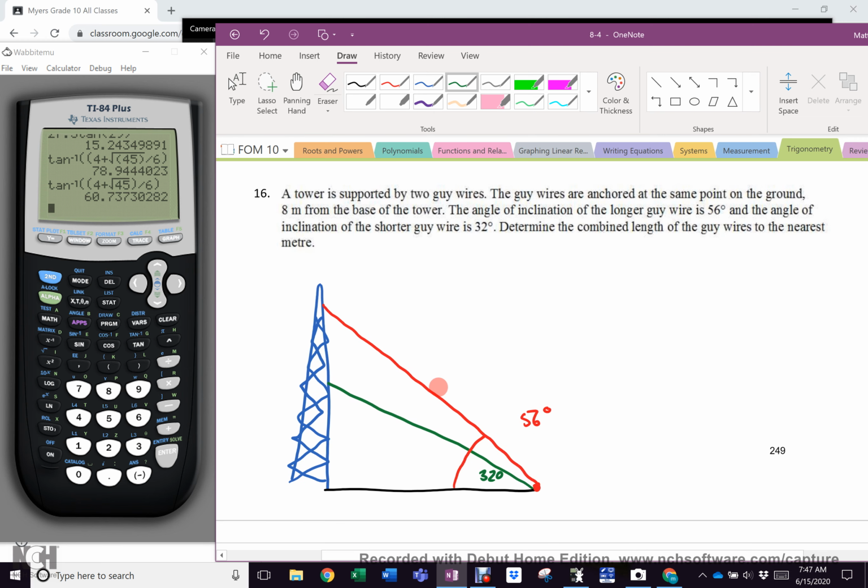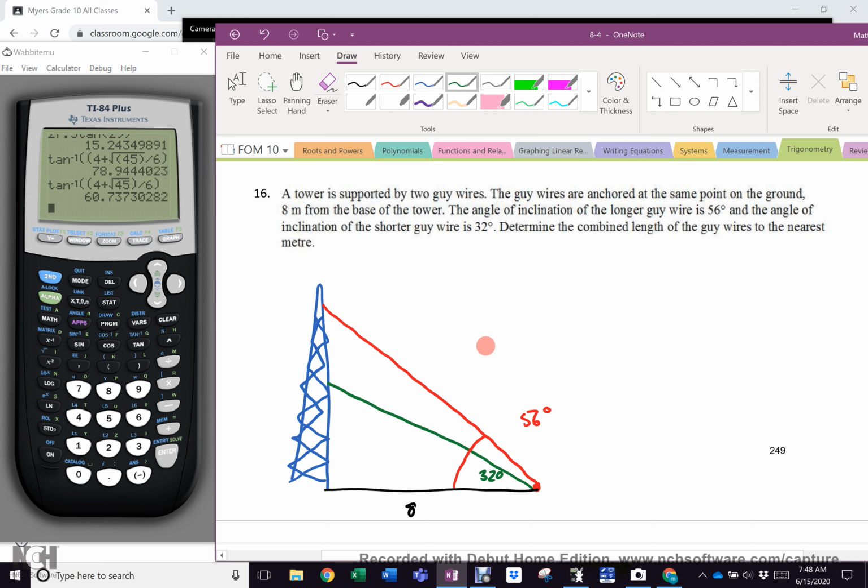So I need to know the red line plus the green line. Since we know this black line at the bottom is 8, I have tan 32 equals opposite x over adjacent. No, what am I doing tan for? I didn't write it down.